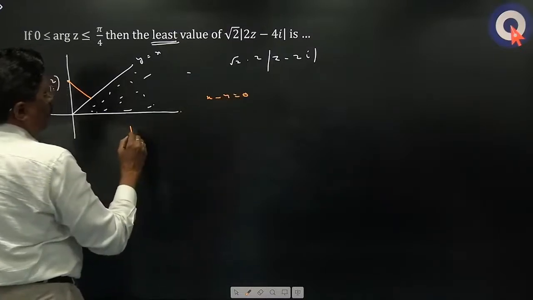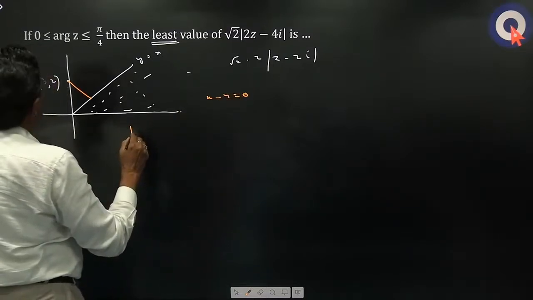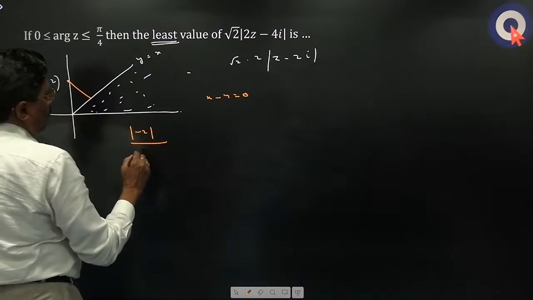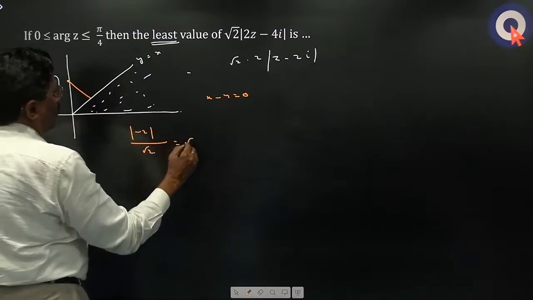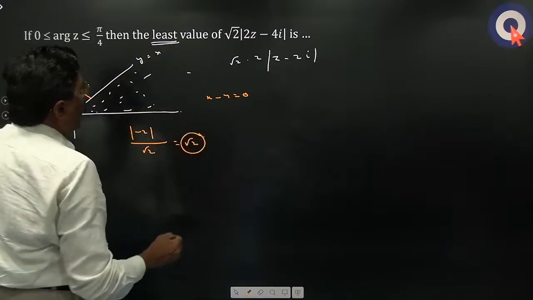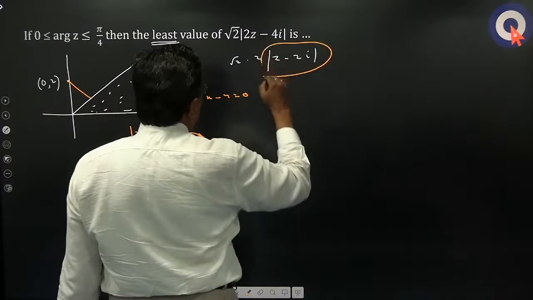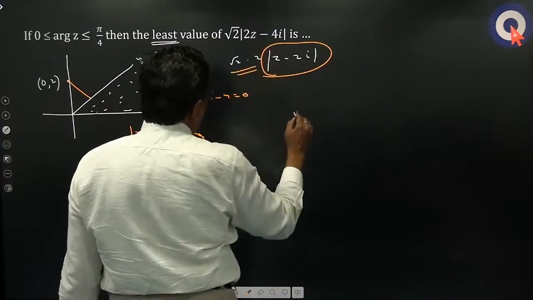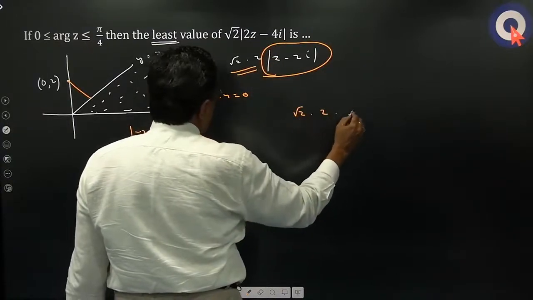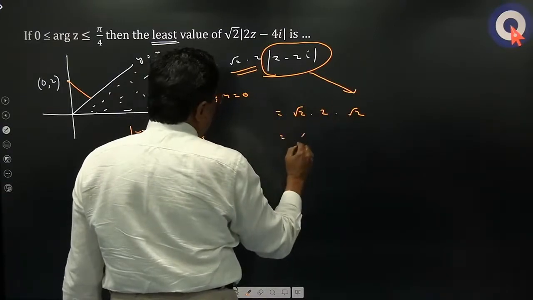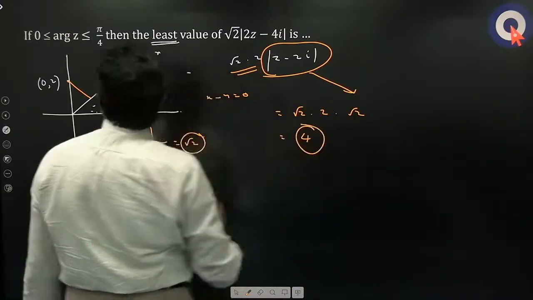So it is 0 minus 2 by root of 1 square plus 1 square, so root 2. So you are getting root 2 here. So the minimum value of this you are getting as root 2. So you already have root 2 into 2 into this root 2. The required minimum value is 4 basically. So the required answer is 4.